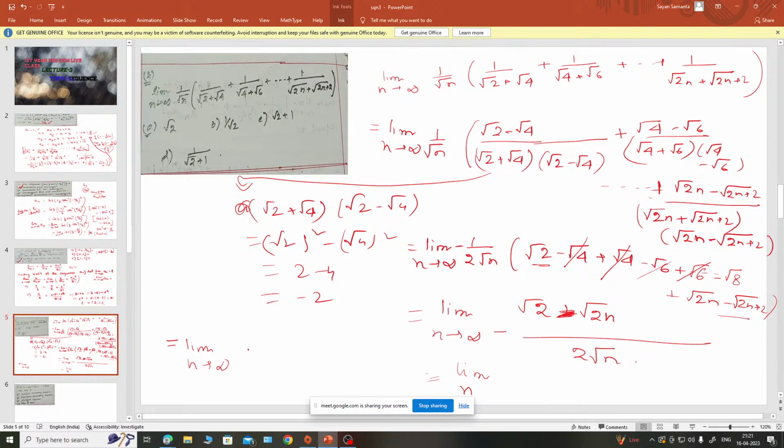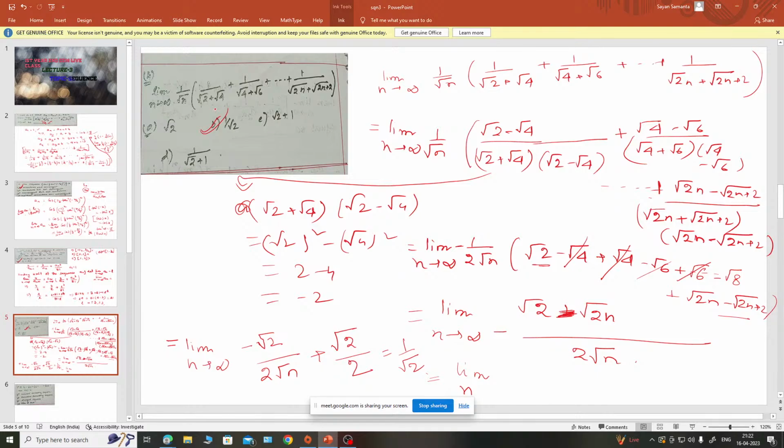So here we see that minus root 2 by 2 root n plus root 2 by 2. Limit n tending to infinity, 1 by root n goes to 0, this is 0, and here we can find 1 by root 2. So the answer is 1 by root 2, that is option B is correct. Is it clear to everyone?